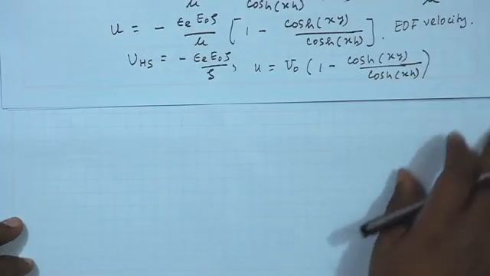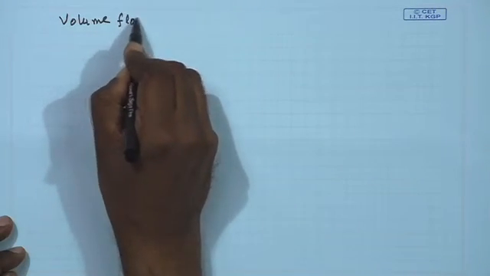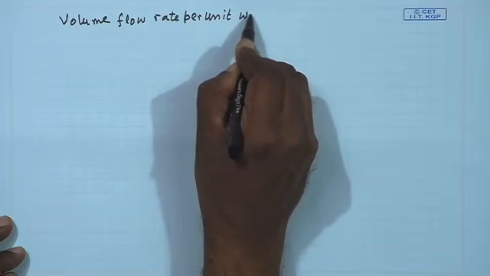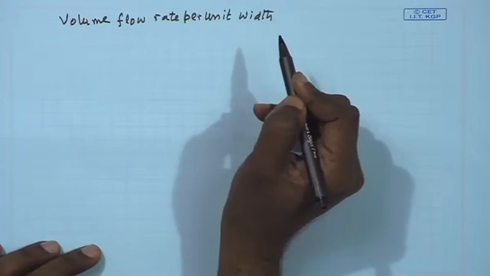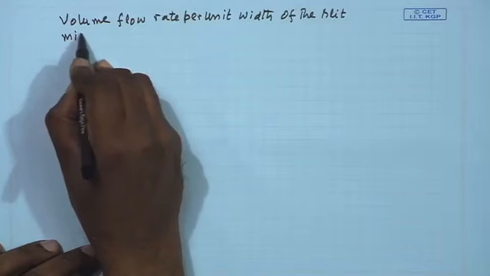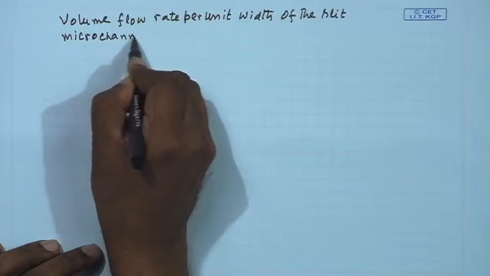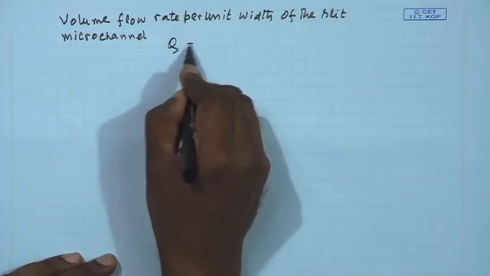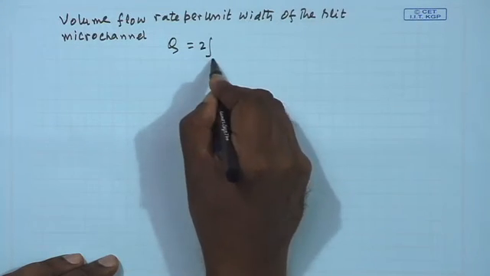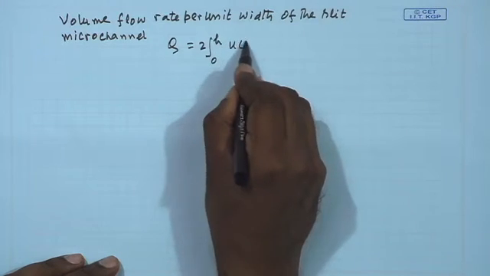Now, if I consider the average flow or volume flow rate, that means the volumetric flow rate per unit width of the slit microchannel can be governed by Q equal to integral from 0 to H, and we multiply by 2 because we have assumed symmetry, of u dy.